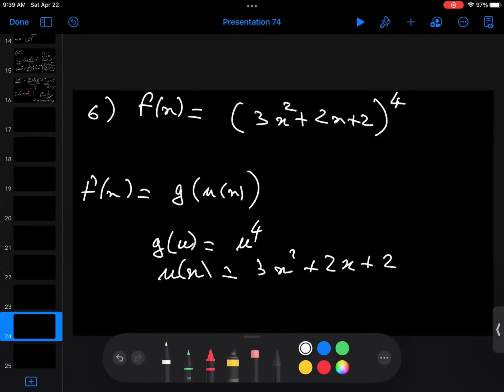In fact, again from the definition of the derivative, what we can deduce is that g of u of x, prime, is actually g prime at u of x times u prime of x.